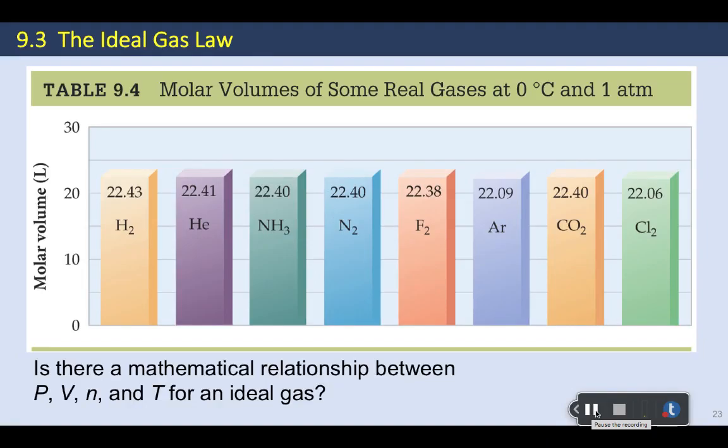The next part of our gas law conversation, gas properties, has to do with the ideal gas law and how we're going to relate different variables for gases using a relationship we'll call by that name. And what we're looking for is a mathematical relationship between pressure, volume, n and T, number of moles and temperature, for an ideal gas.